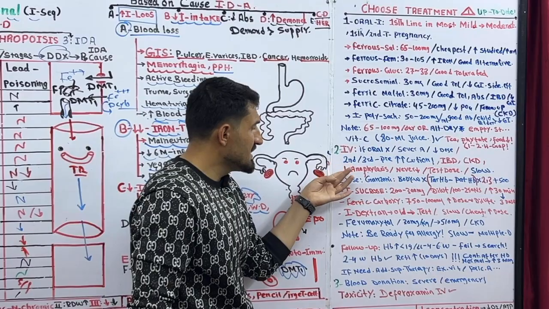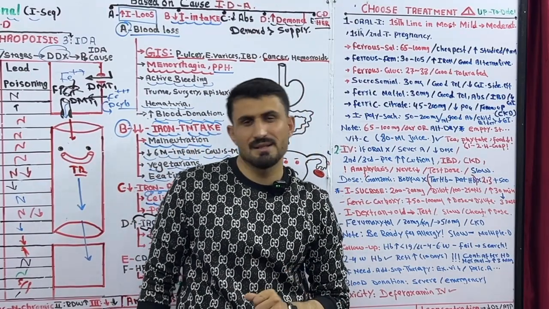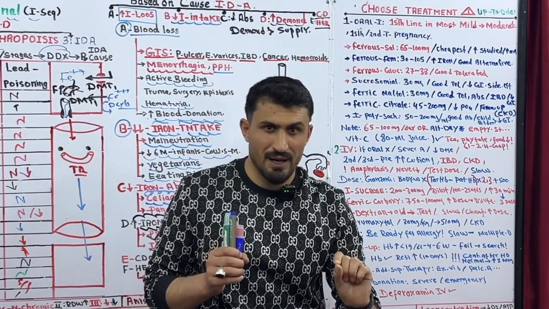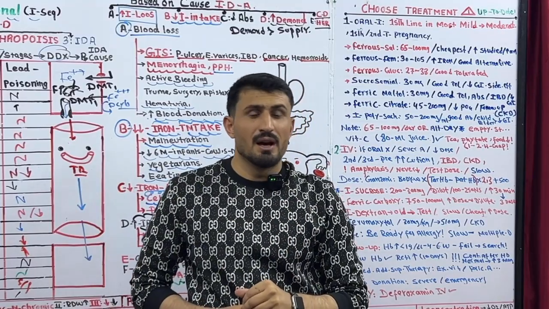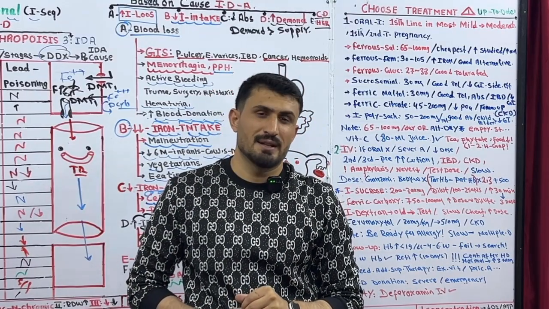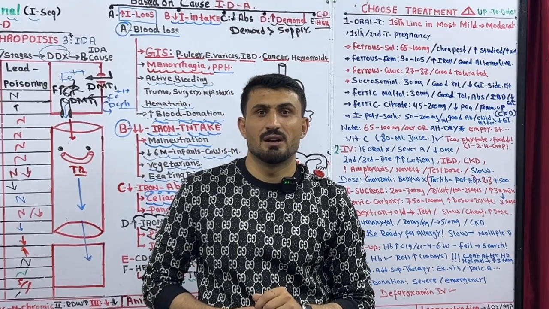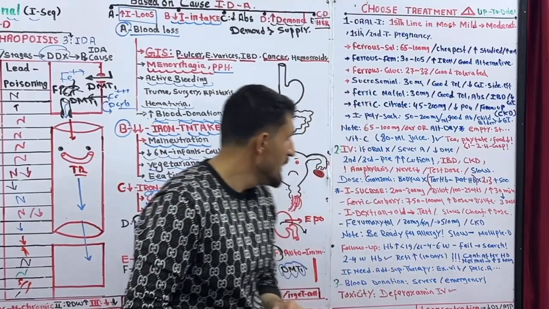One of the most dangerous side effects of IV iron is anaphylaxis. If you give this iron, it can cause anaphylactic shock. But newer generation irons produce less anaphylaxis. They're much safer, and the chance of anaphylaxis is less than 1%. Got it?